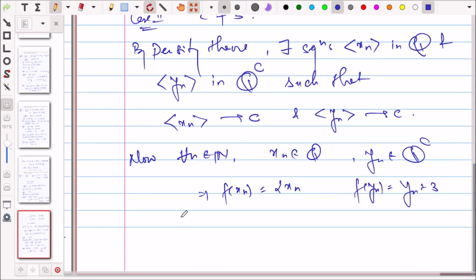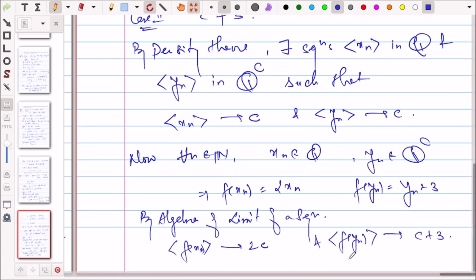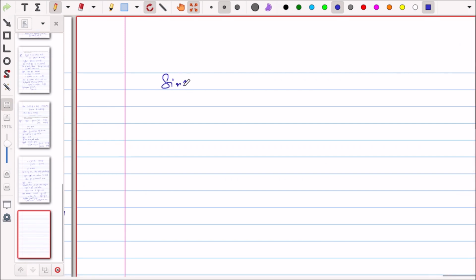So by algebra of limits of a sequence, f of xn will converge to 2c because xn converges to c, and f of yn will converge to c plus 3. So since c is not equal to 3, this implies 2c is not equal to c plus 3.